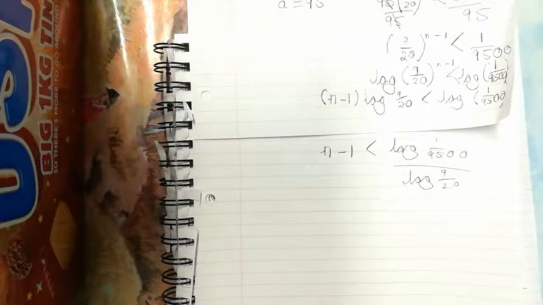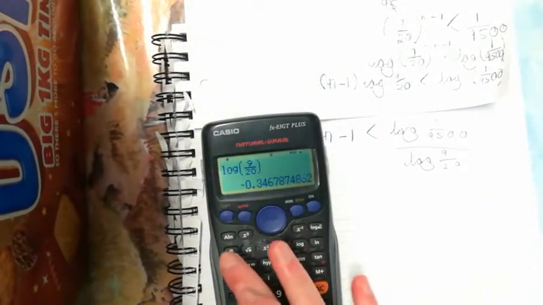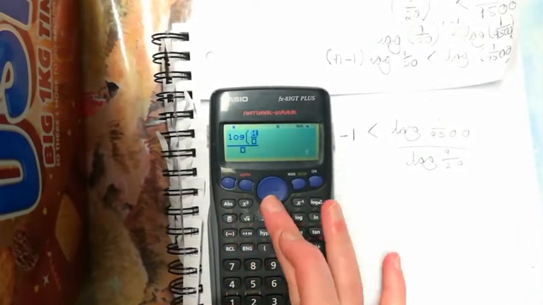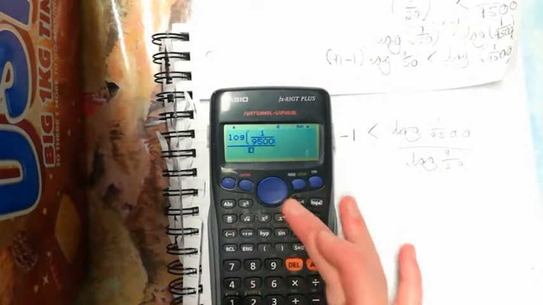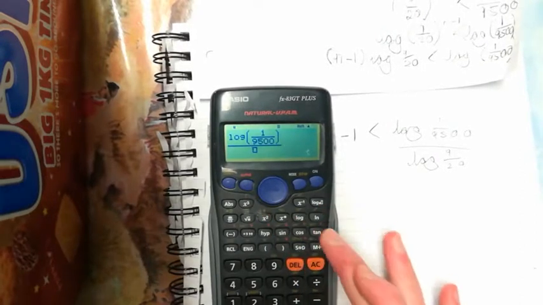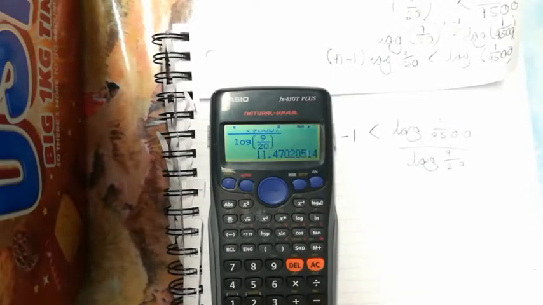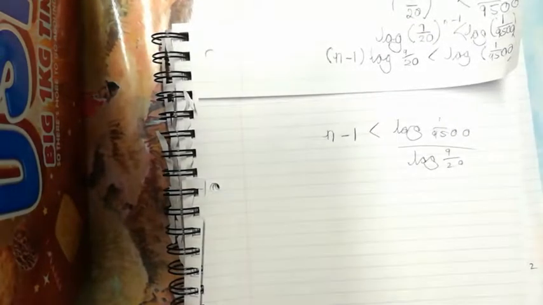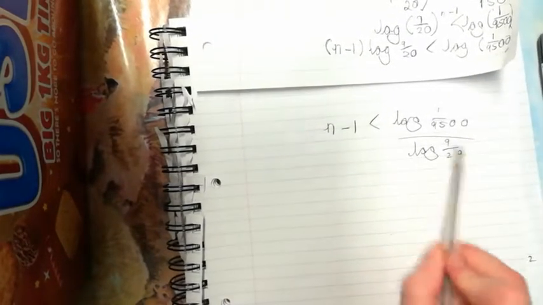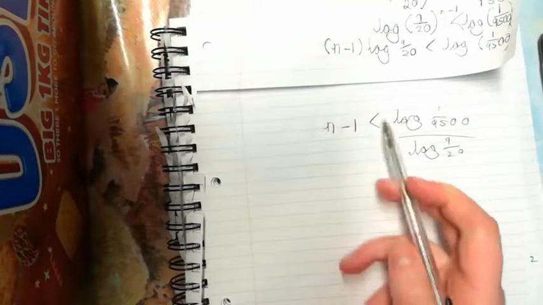I'm just going to plug that into my calculator. So I get log of 1 over 9500 over log of 9 over 20. Because I divided by log of 9 over 20, and that's a negative value, I'm going to have to change the sign.